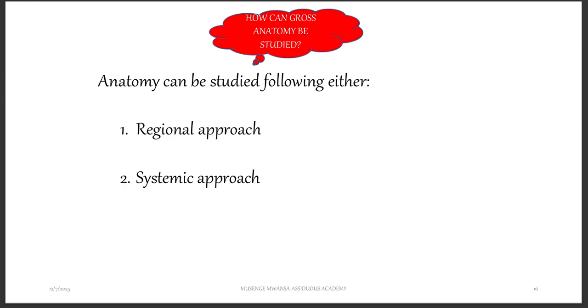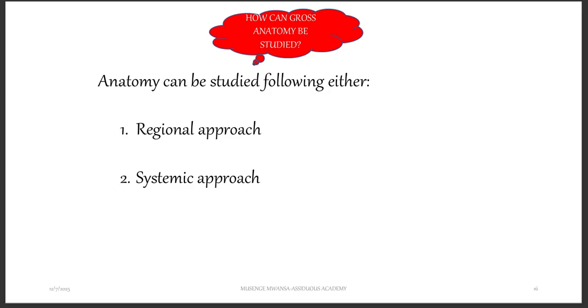And that will mean that next time you want to study using that body, it's already destroyed because you cut the entire part. That is why the regional approach is important, because when you are in a certain region, you study all the systems in that region, so that the other region is not affected. Next time you want to study the other region, all the other parts of that region are intact, you can study them also. So that's the one that we study.